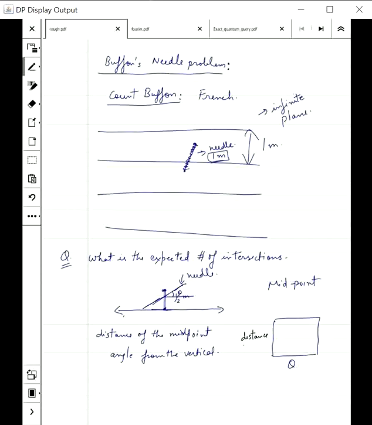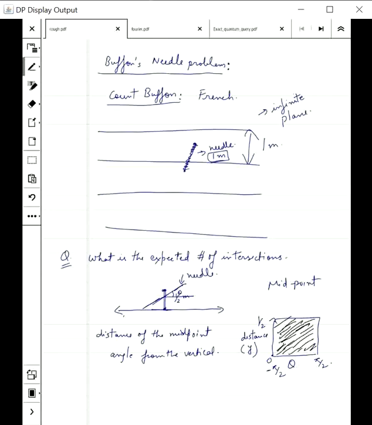So the distance goes from 0 to half. Angle, you can say, goes from -π/2 to π/2. So there is a total distance of pi in the angle which we want to worry about. So my needle can lie at any point in this rectangle.